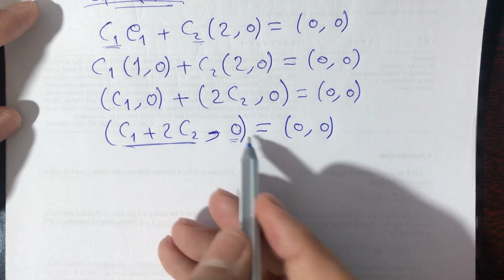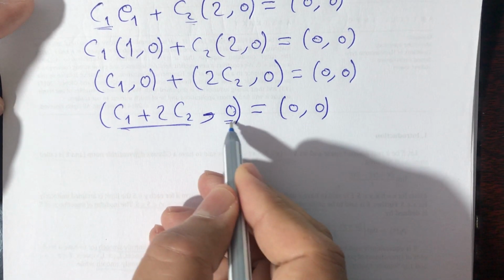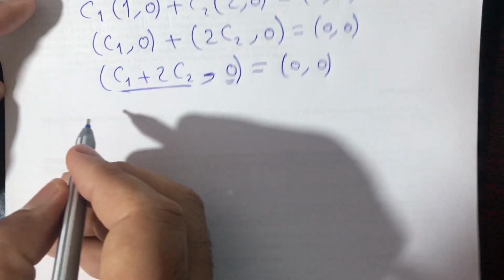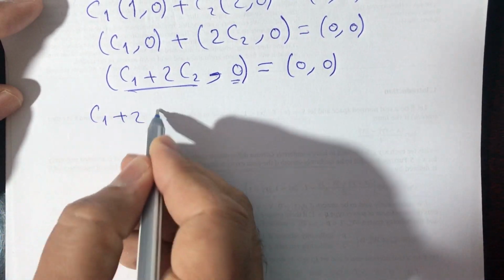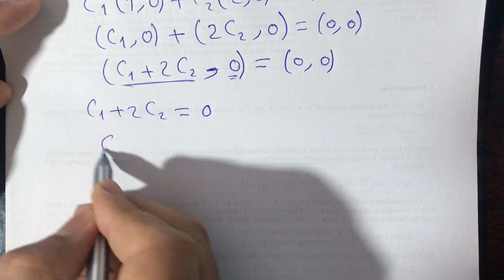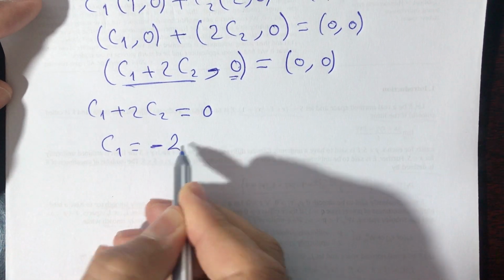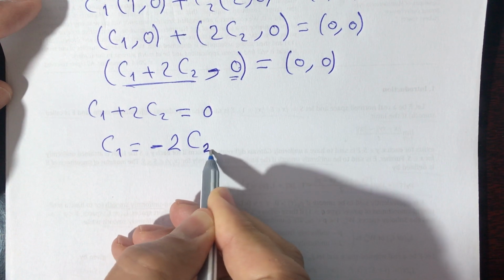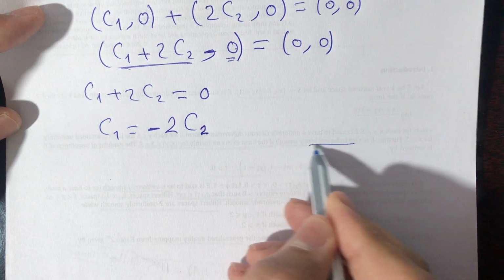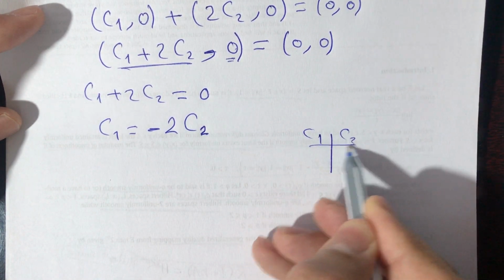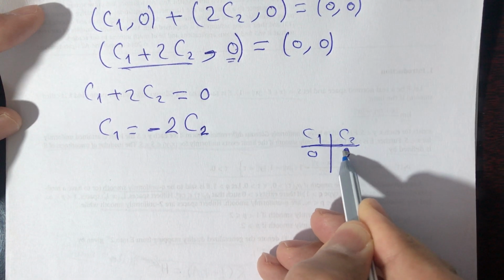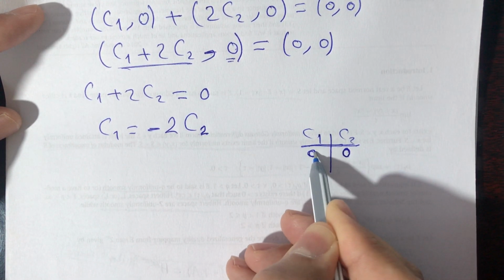Now look, we get just one equation, C1 plus 2C2 equal to 0. I didn't benefit from the second argument, just from the first. I get from this C1 is equal to minus 2C2. That means if I take C2 0, also C1 will be 0.